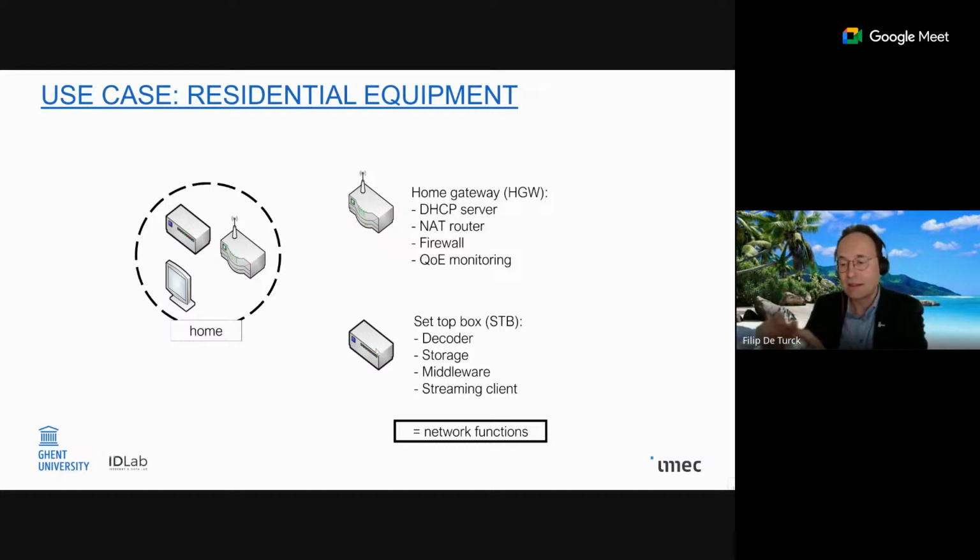The data center can be close by, but can also be far away in another country. We softwareize these functions, and they run as software components inside a remote data center.